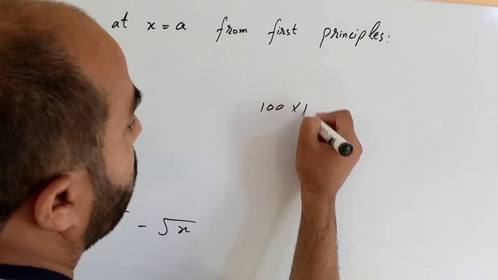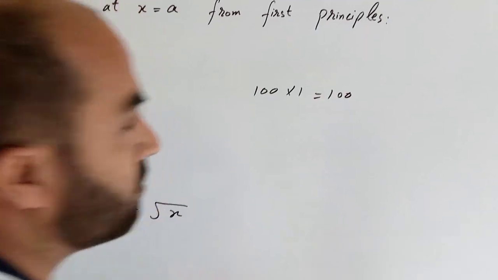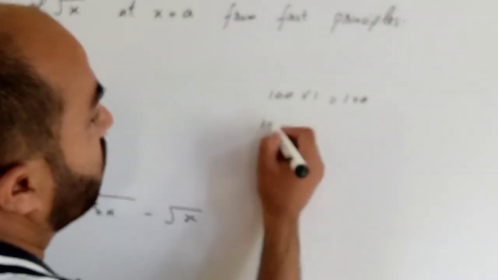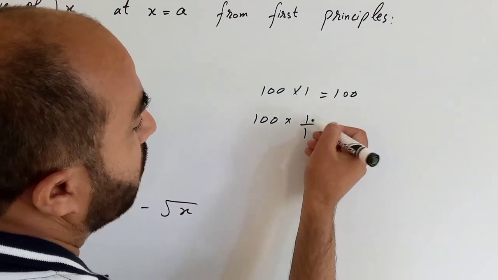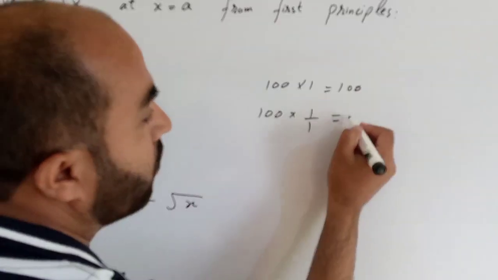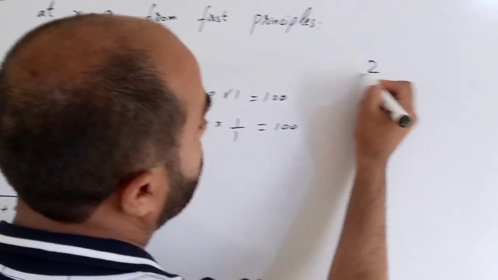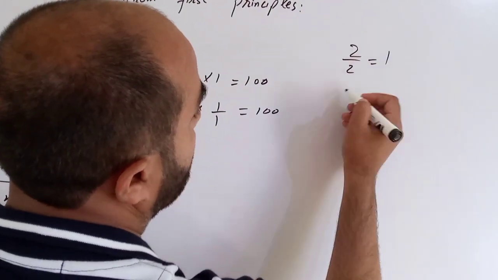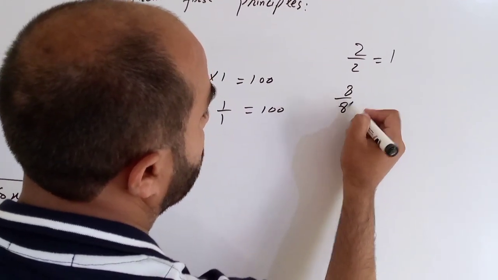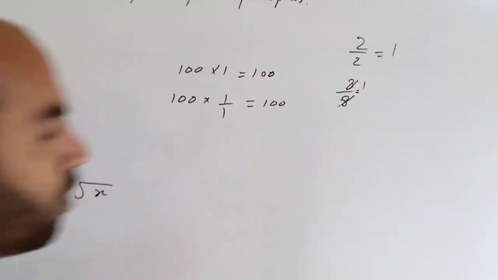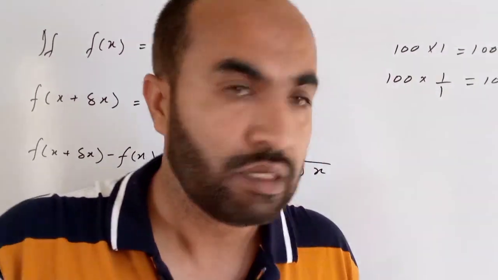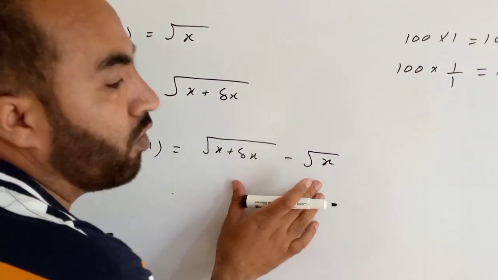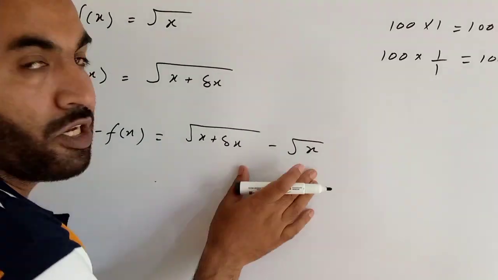If you multiply it by 1, we will get 100. Or if you divide 2 by 2, you will get 1. If you divide 8 by 8, you will get 1. So when we multiply any term by 1, we get the same result. It doesn't affect it. The same process applies for rationalization here.